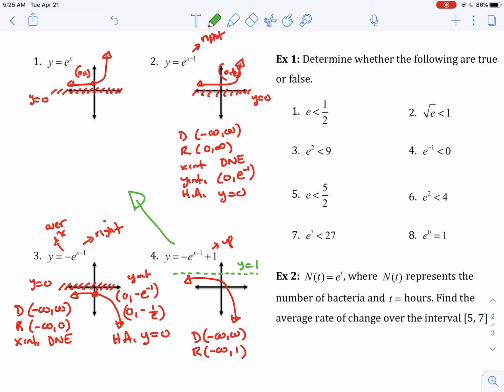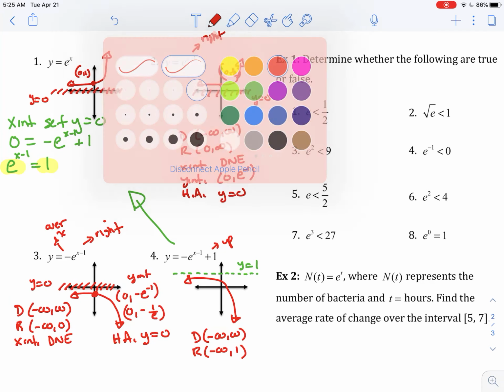I'm actually going to come up here. X-intercepts, we know that we set y equal to 0. And if I set y equal to 0, I'm going to have 0 is equal to minus e to the x minus 1 plus 1. So bringing my e term to the left, and I know that in order to solve, if the left side is equal to the right side, I want to have like bases if I can.